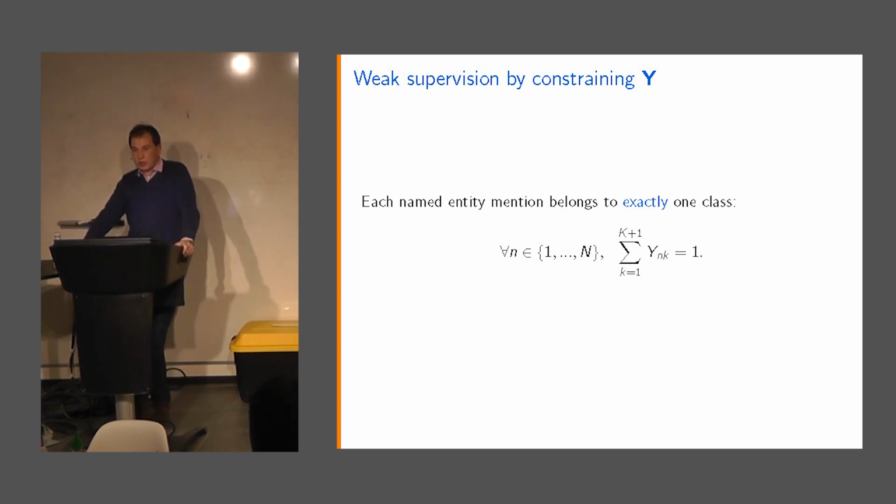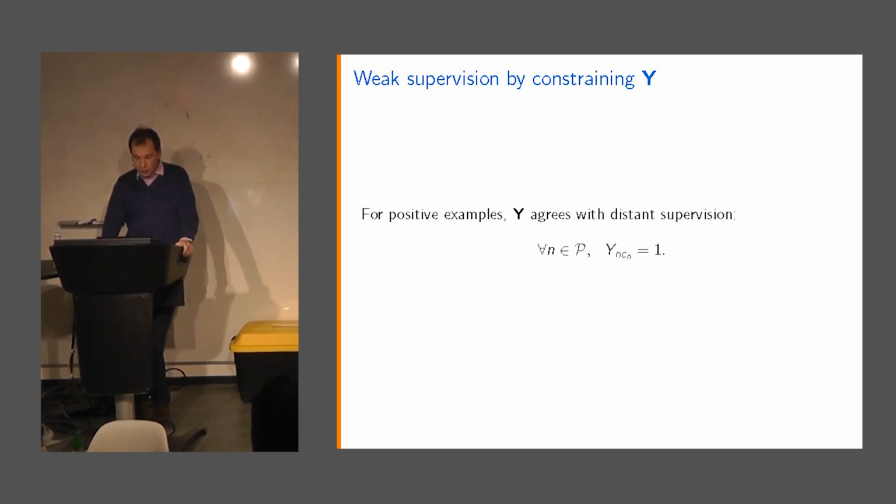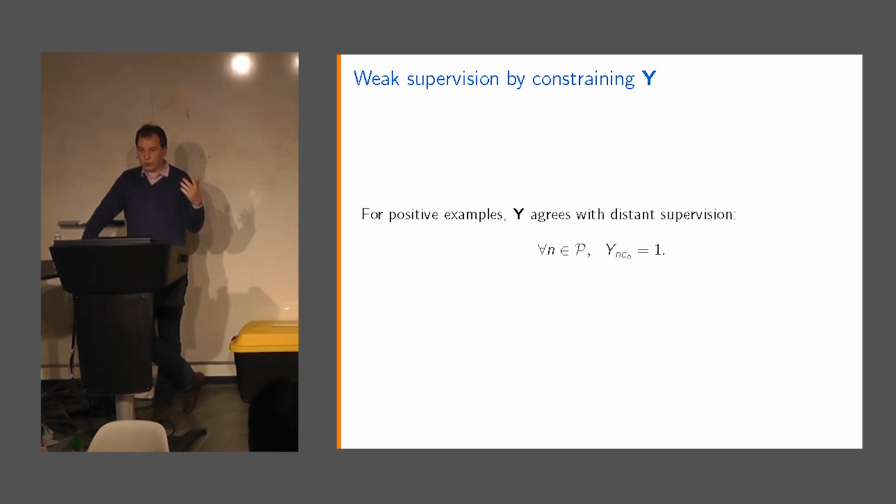And so basically what's changed from the previous problem is the kind of constraints that we'll put on y. Again, we suppose that each named entity belongs to only one class. That's the equivalent of the fact that each sentence can express only one relation. So again, y should sum to 1 on the line. Of course, for the positive examples, we want the matrix y to agree with what we've obtained using the seed list.